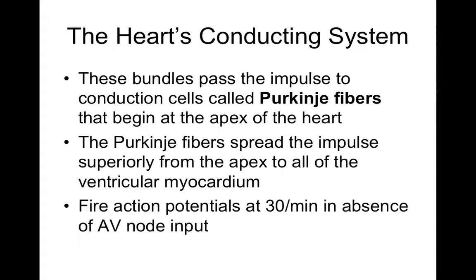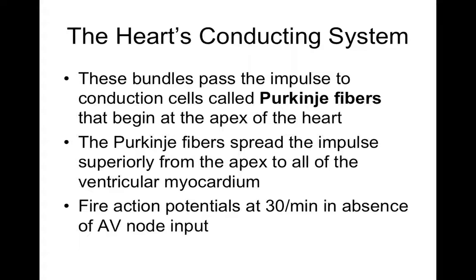That's an excellent question. Because the SA node is controlling everybody else. You got it. Remember, it's the pacemaker that's honking the horn. Right, but that's what fires the atrium? Well, or is it the AV node that fires the atrium? Let me clarify this really quick. So this would be the beats per minute in the absence of other impulses.